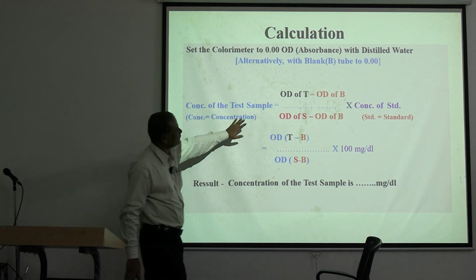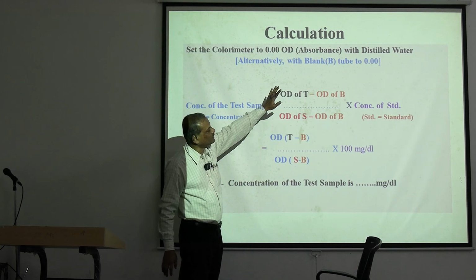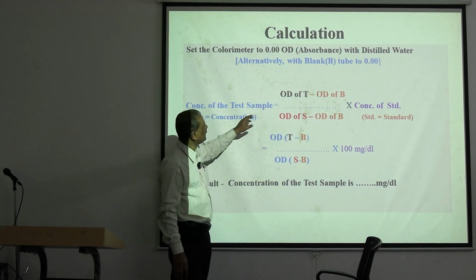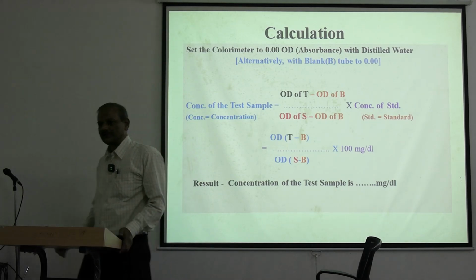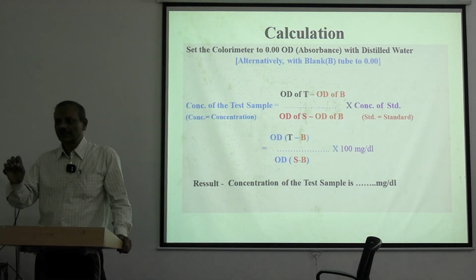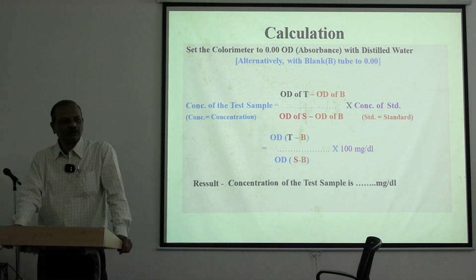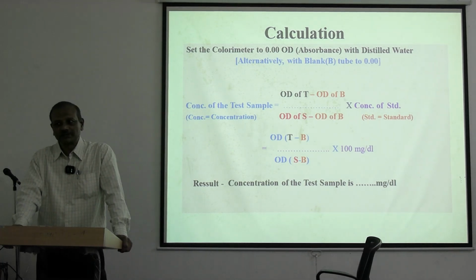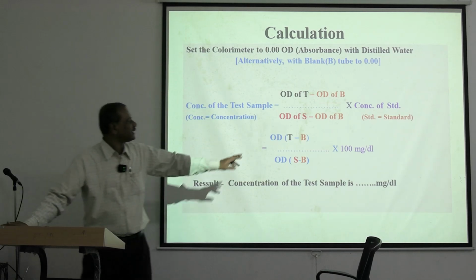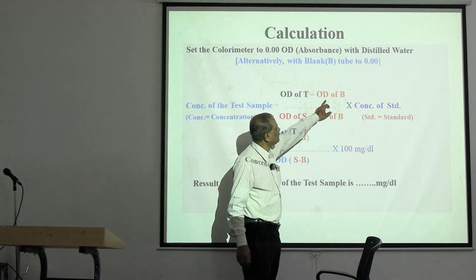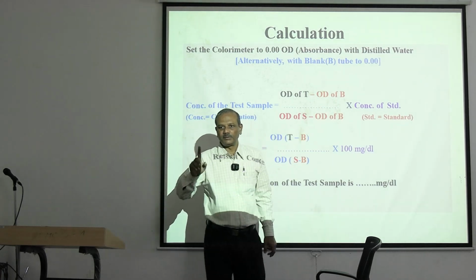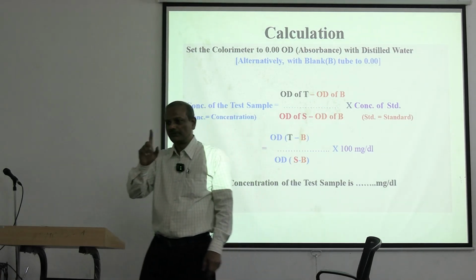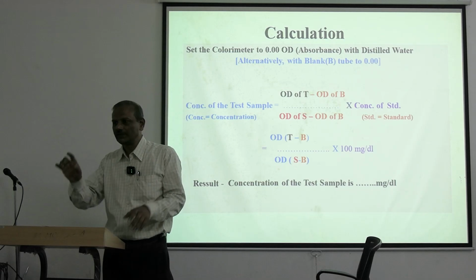So you just follow this one. Set the machine to distilled water with 0, and then you take an absorbance called OD, optical density. That intensity of the color is measured as optical density or absorbance. The 3 test tubes you have taken, first you take the intensity of the blank always, because the intensity will be minimum there, as it doesn't have anything, only the color of the reagent.